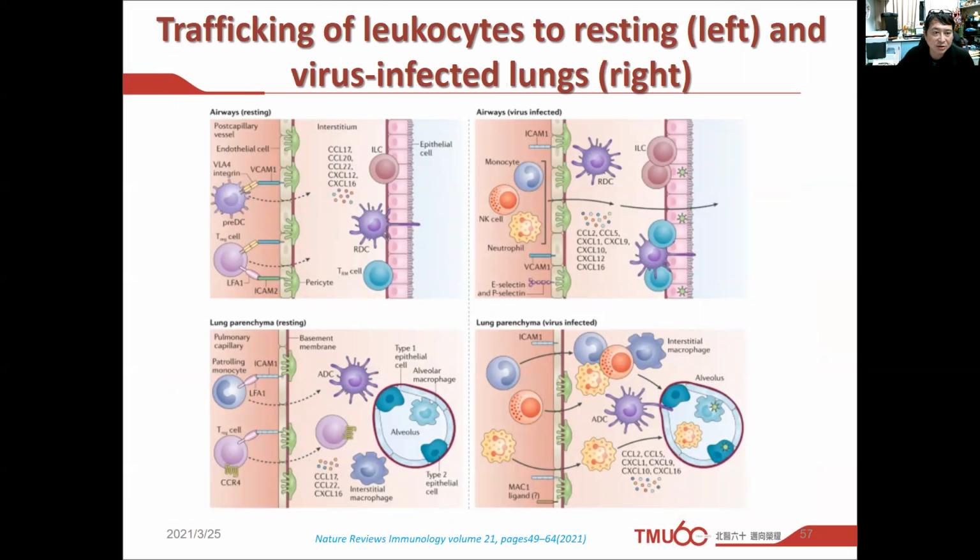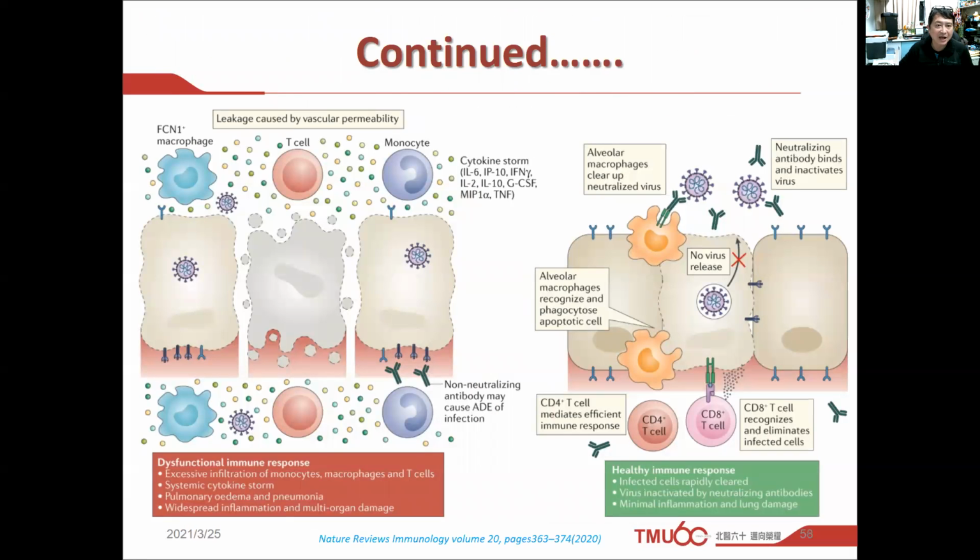They cross over those barriers from the vein, go into the tissue, the epithelium and the airway space, and start to generate different cytokines in the infected lungs. Those will cause a lot of cytokine storm.